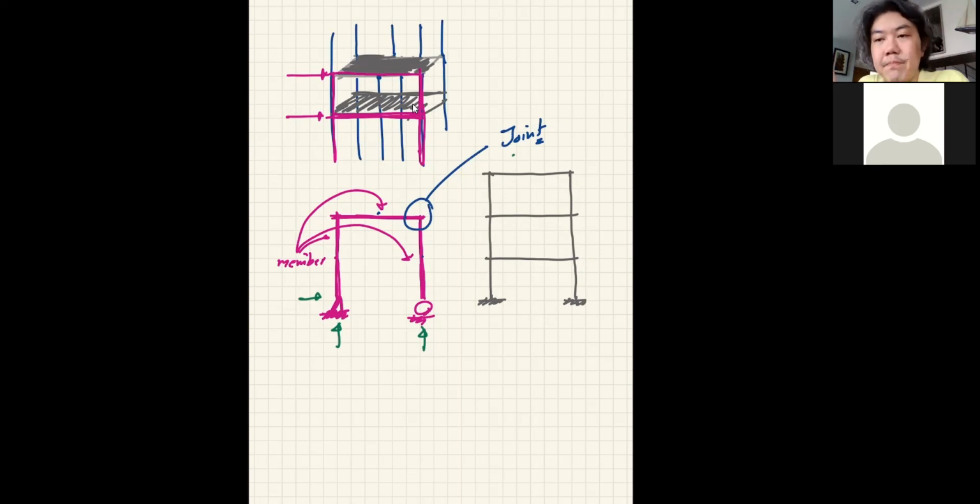Let's say you have just the floor, when I draw it in 2D, and all the columns and all the beams do not act together as a system. You will only have the floor like this. Let's say you don't have columns. When you have the floor, instead of looking from the top view, I now look at the side view. So the floor becomes a flat sheet like this, correct?